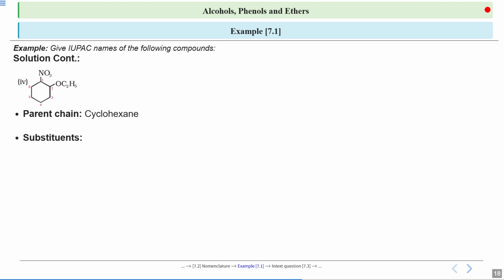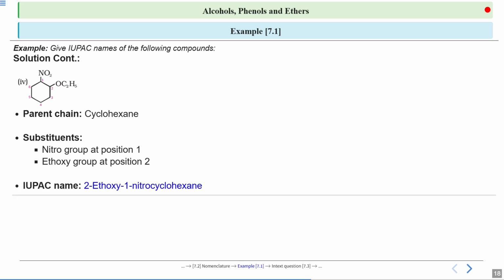At the first position we have a nitro group attached. At the second position we have an ethoxy group. So the IUPAC name will be, in alphabetical order, first the substituent names, 2-ethoxy, 1-nitro, and then the parent chain, cyclohexane. So 2-ethoxy, 1-nitro, cyclohexane will be the IUPAC name for the fourth compound.